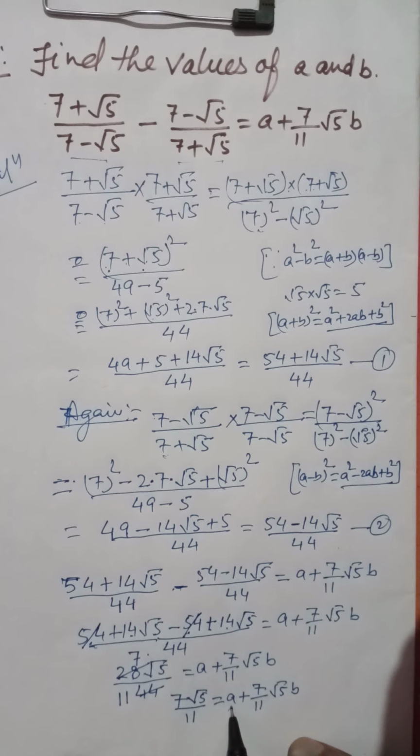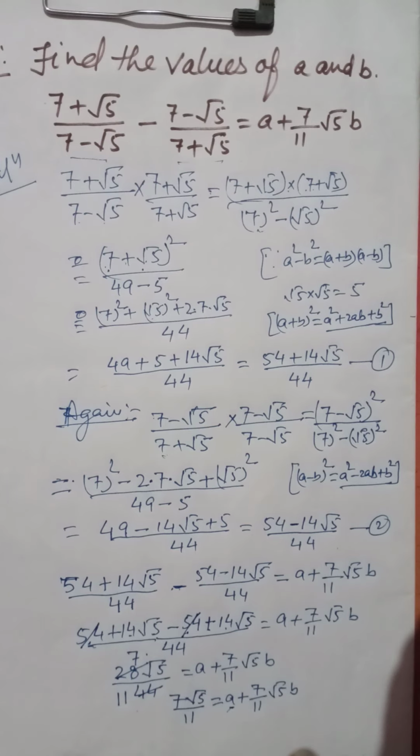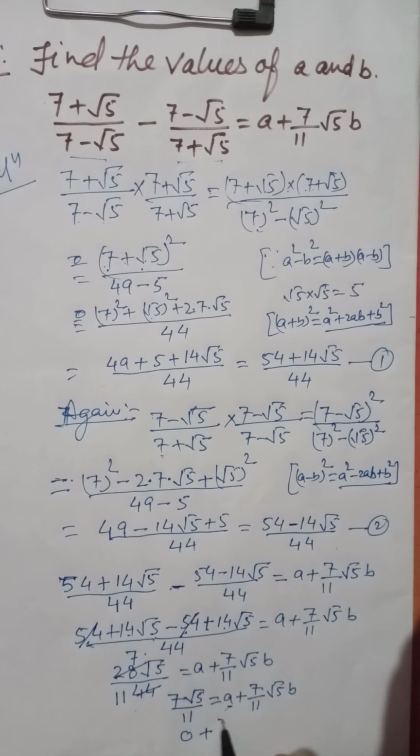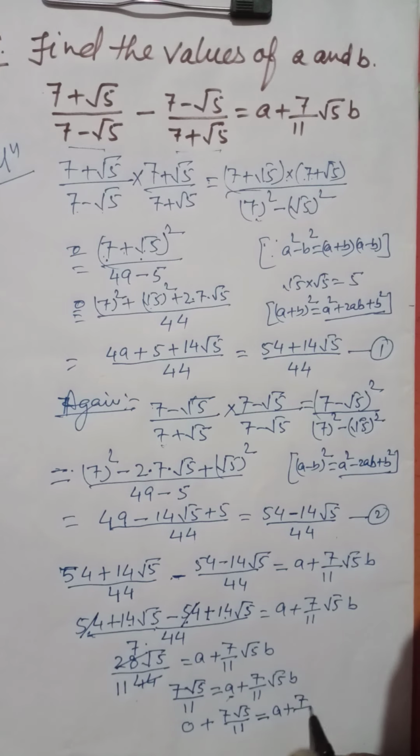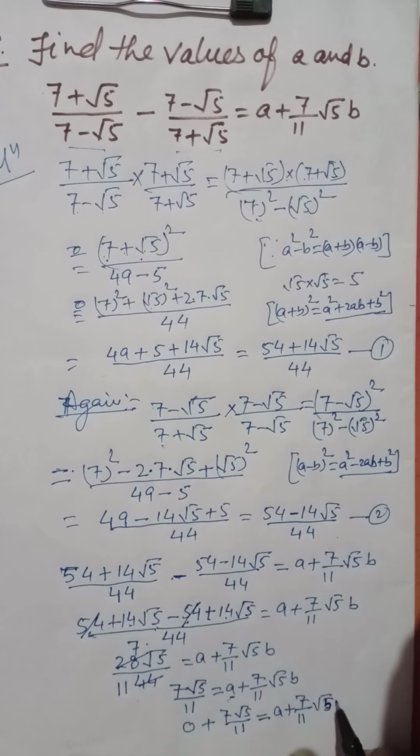Now in place of a we get here 0, so we can write 0 plus 7 root 5 upon 11 equals a plus 7 upon 11 root 5 b. Now equating the coefficients of a and b.